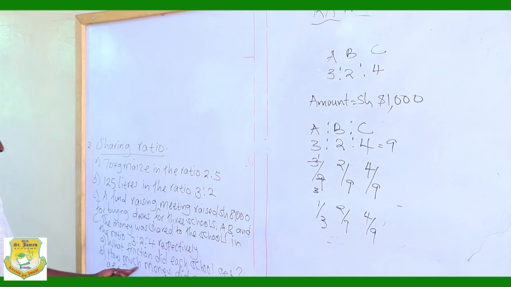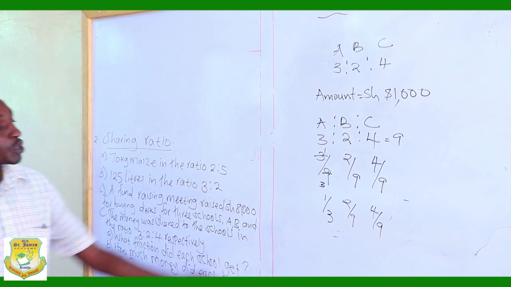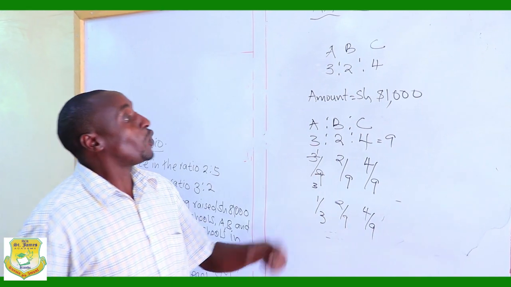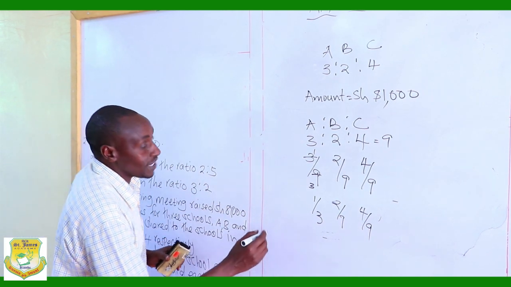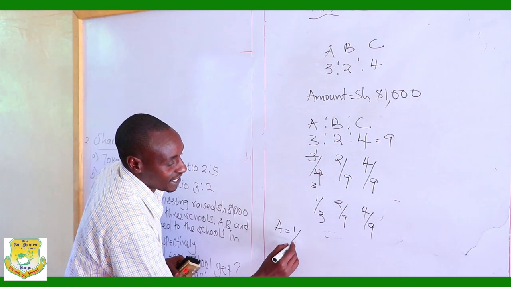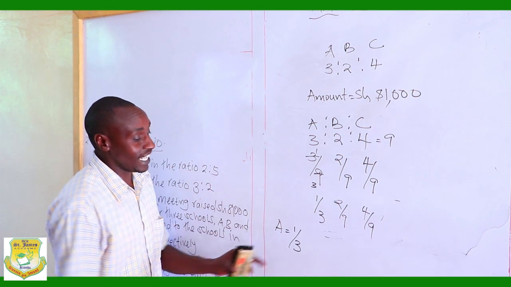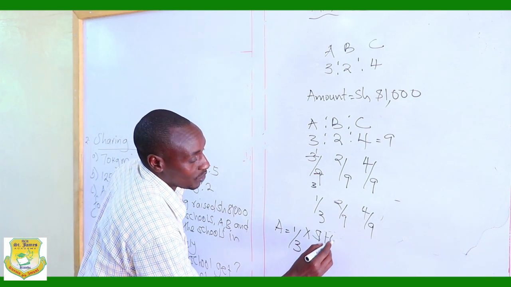B asks, how much money did each school get? Because we have the fraction of the total, we can now calculate the amount the schools got. A got as a fraction, a third. So it is a third times the total amount of money, 81,000.